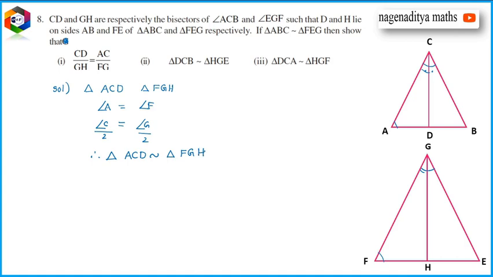So whenever the given two triangles are similar, automatically the corresponding sides must be in the same ratio. Hence CD by GH is equal to AC by FG.